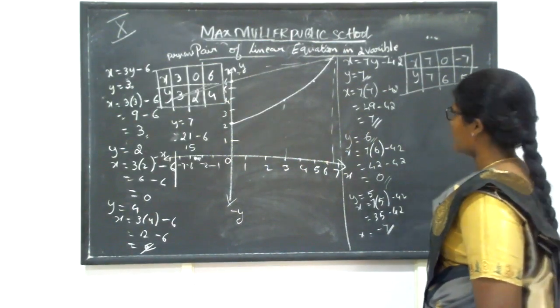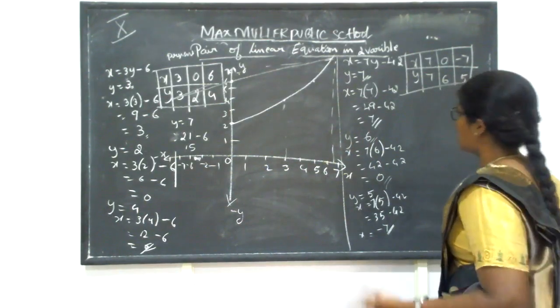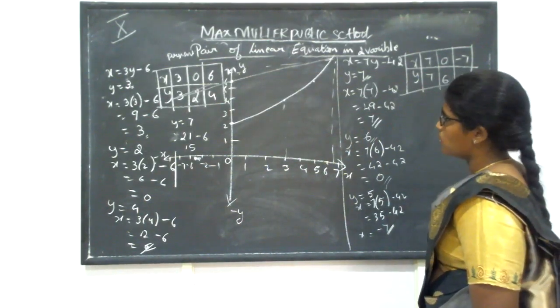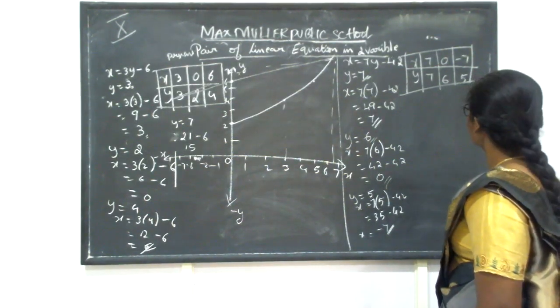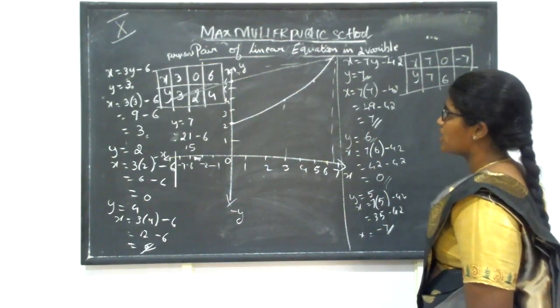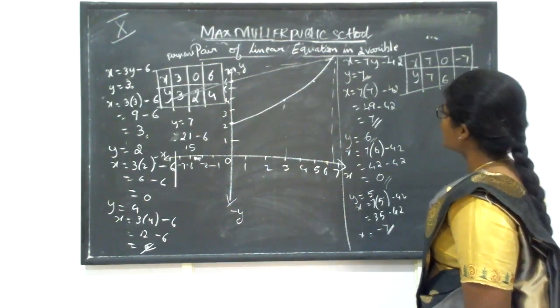There also you won't get it. If you take minus 7 there, 3 7s are 21, minus 21, you won't get it. I guess you won't get it.